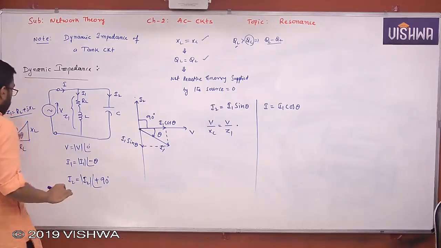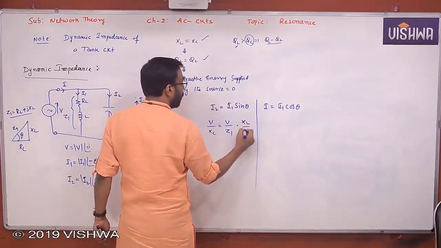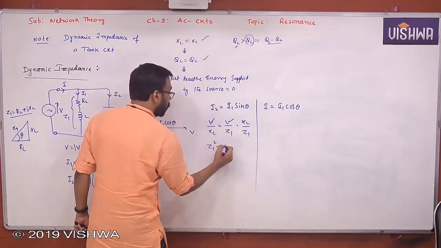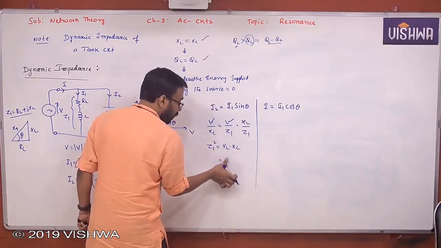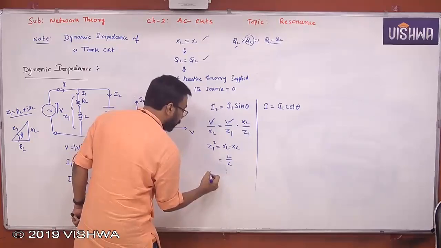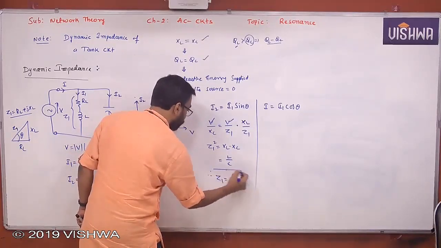What is sin theta here? XL by Z1. Clear, all of you? Cancelling, Z1 square is equal to XL into XC, nothing but L by C. So finally you get Z1 equal to root L by C.